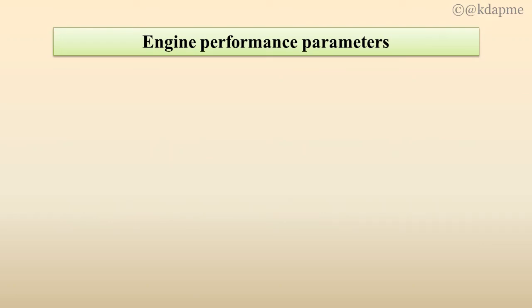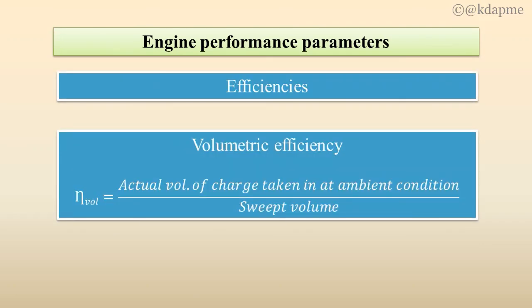Volumetric efficiency is the ratio of the actual volume of charge taken in at ambient condition to the swept volume. Eta volumetric is equivalent to the actual volume of charge taken in at ambient condition to swept volume.